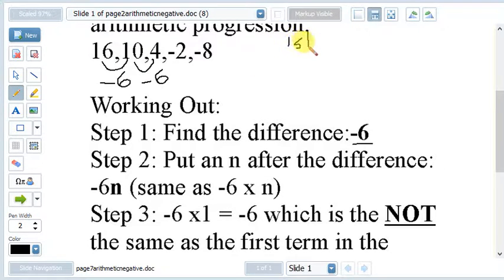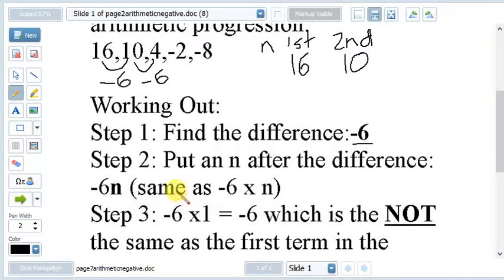So the first term, the second term, so the first term is 16 and the second term is 10. So that n is 1 and n is 2, etc. So therefore, step 2, we put an n after the difference, so it becomes -6n.